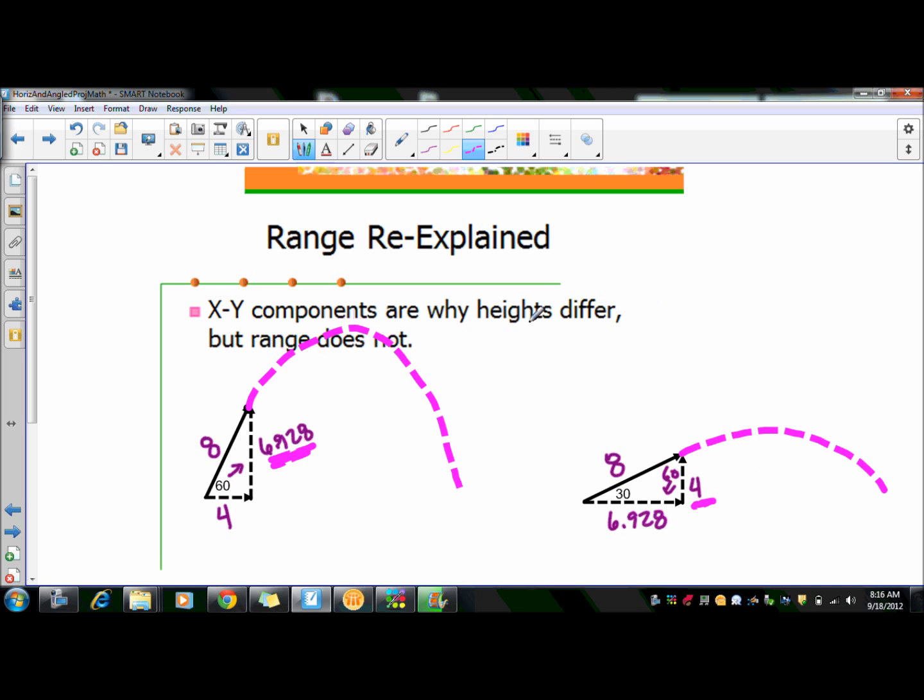So that's why the heights are different. The x and y components, whichever one is on the correct side, determines which height goes with it. So higher goes with the larger angle because there's more velocity. The range stays the same. Here to here is the same as here to here. So the components tell you how the heights differ, but for complementary angles, the range is the same.